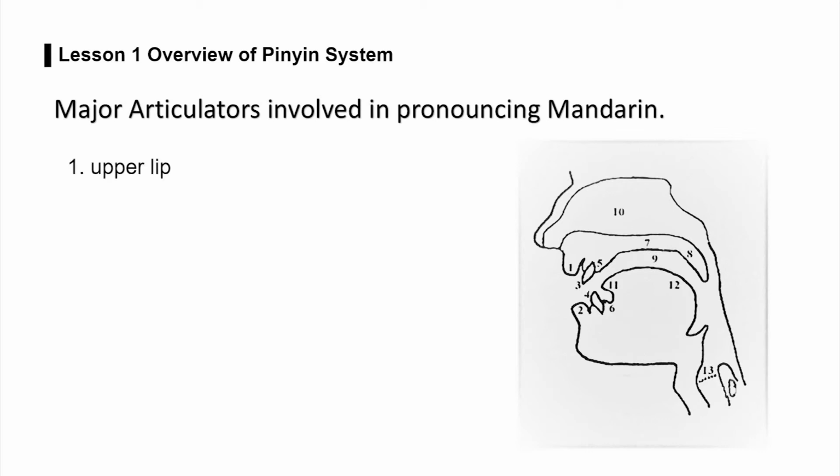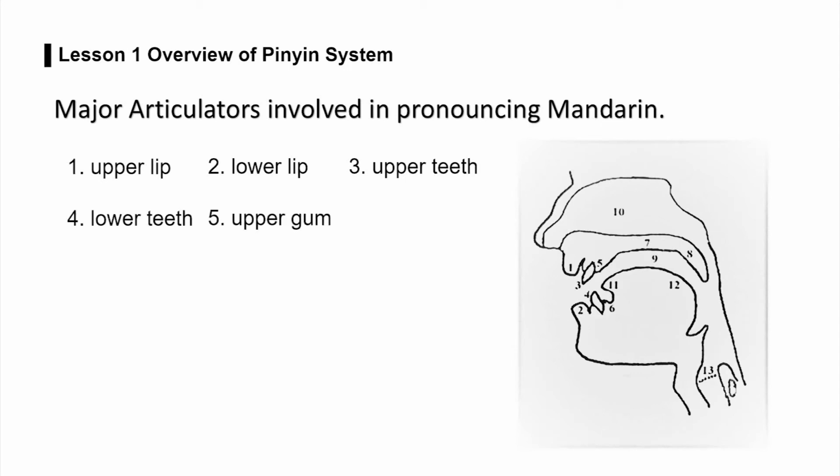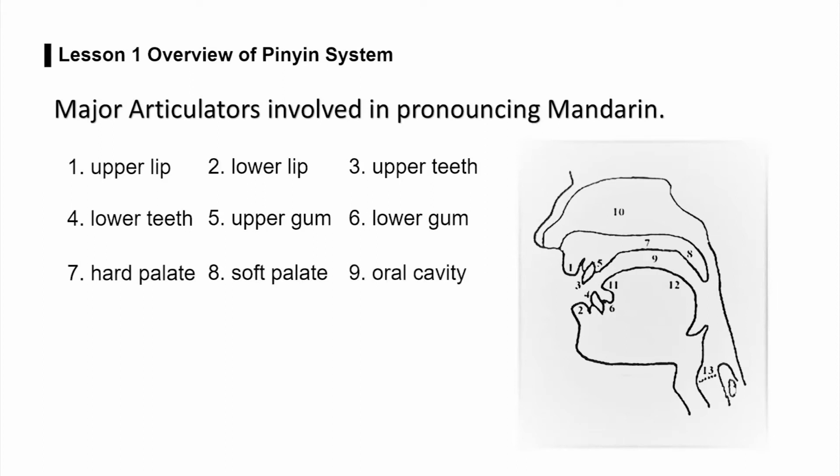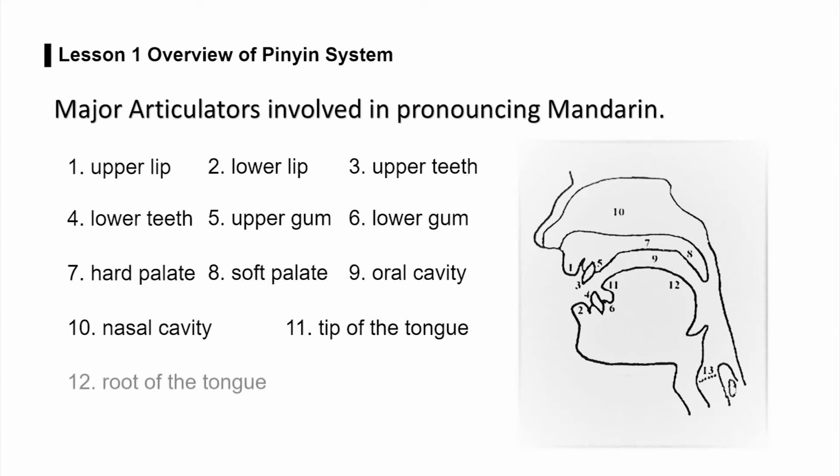Number 1, upper lip. 2, lower lip. 3, upper teeth. 4, lower teeth. 5, upper gum. 6, lower gum. 7, hard palate. 8, soft palate. 9, oral cavity. 10, nasal cavity. 11, tip of the tongue. 12, root of the tongue. 13, vocal cords.